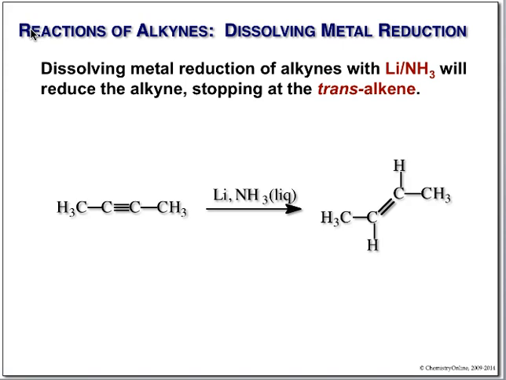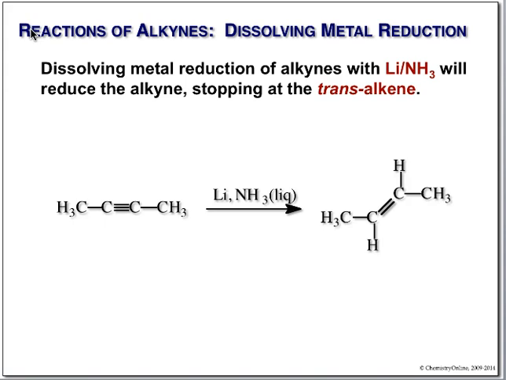Now we'll talk about radicals again next time. But in a radical reaction, we're going to add hydrogen atoms one at a time. Because we add them one at a time, the intermediate here has enough time to get to the most stable conformation.